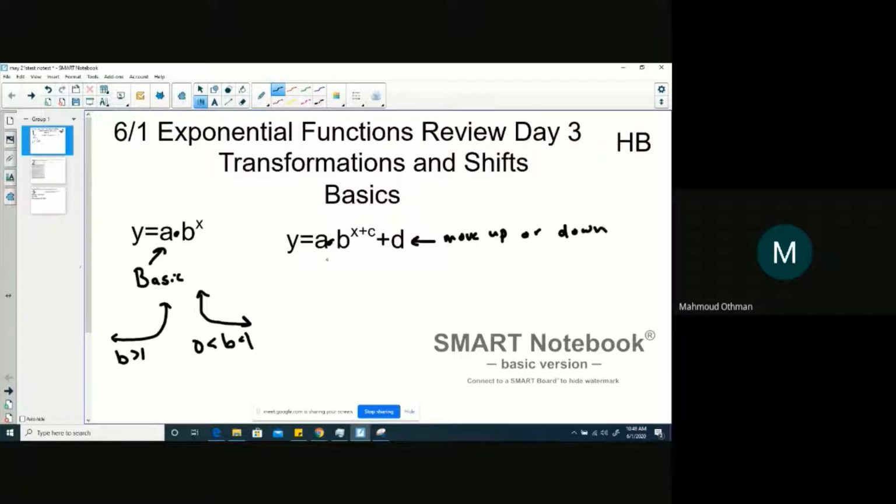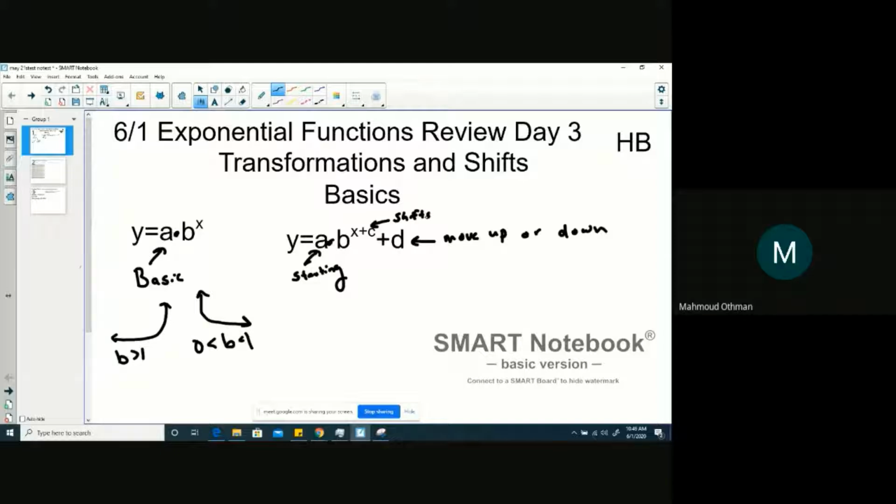We know that the a is the starting point, but now this d also impacts the starting point. b is our factor, x is our input, and this c shifts it.